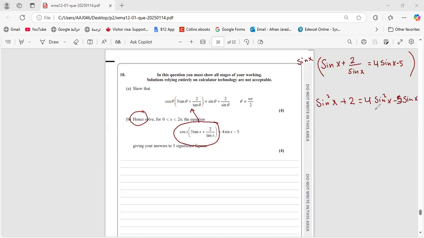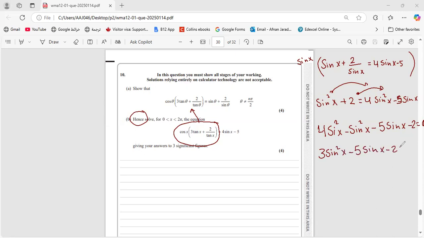Take this one and this one to the other side, and your quadratic equation will be 4 sine square x minus sine square x minus 5 sine x minus 2 equals 0. So this is 3 sine square x minus 5 sine x minus 2 equals 0.